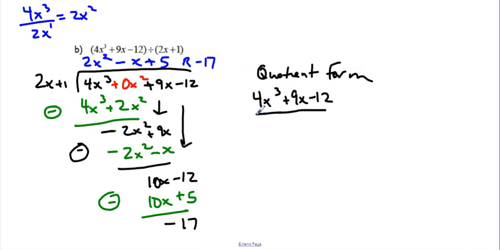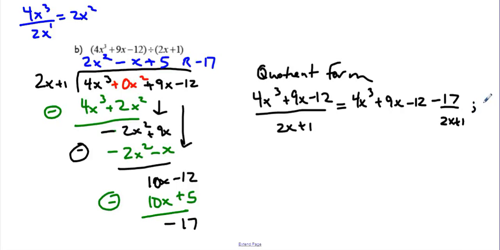So 4x cubed plus 9x minus 12 divided by 2x plus 1 is going to equal the quotient, which is 2x squared minus x plus 5, plus our remainder, but we don't do plus minus 17, we would just do minus 17 divided by our divisor. And I'm going to throw in a restriction there. x cannot equal negative 1/2.